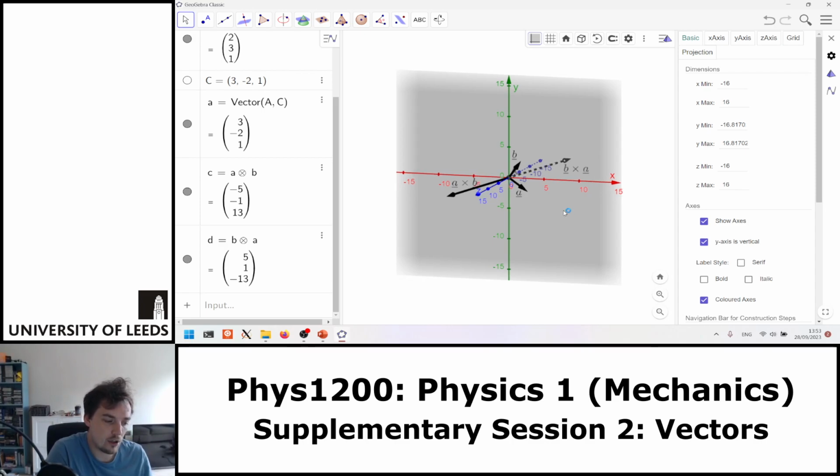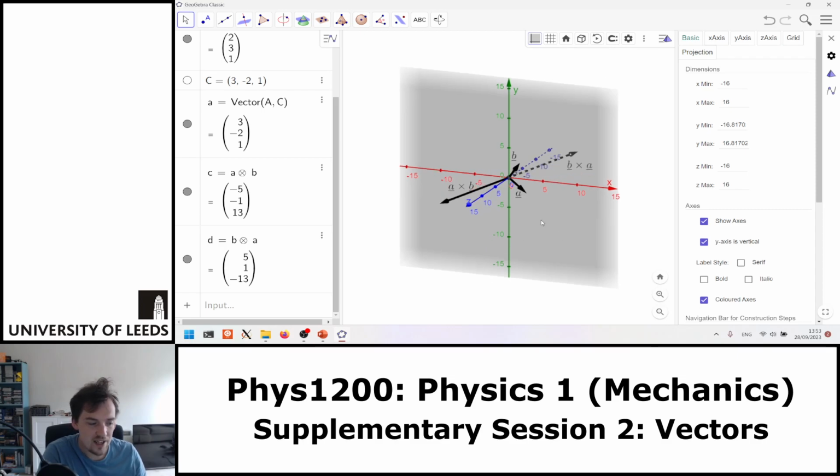So A cross B, the cross product, not the dot product, gives a vector that is perpendicular to both A and B. And its length, well, this is the part that's like scalar multiplication. This is the part that is like the dot product.